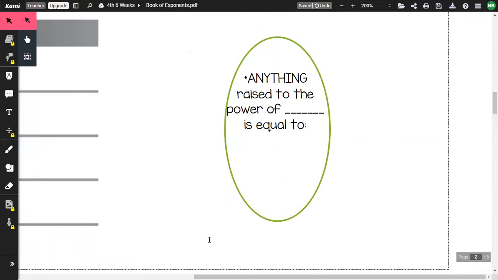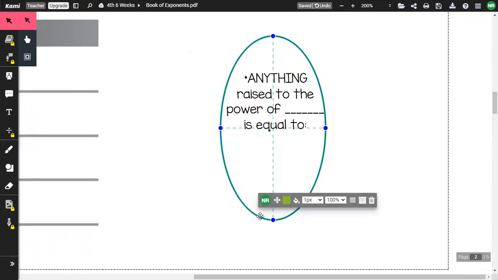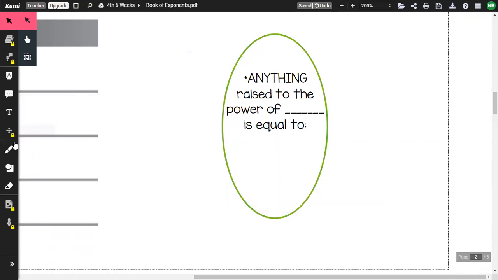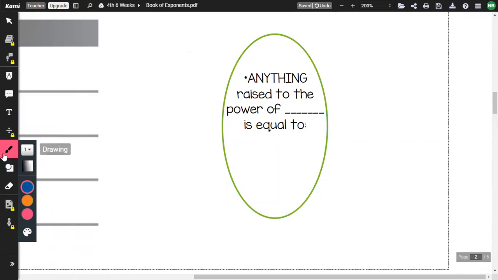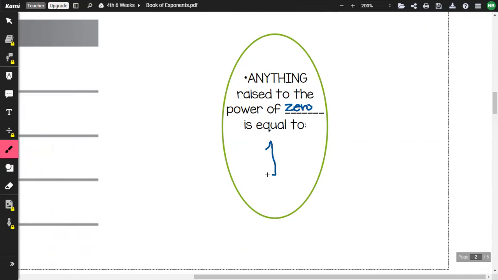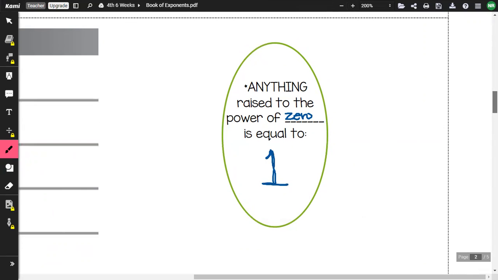Anything to the power of 0 is going to give us what? The number 1. Anything, doesn't matter what it is, anything to the power of 0 is going to equal the number 1. Okay, so we're going to write 4 examples here.